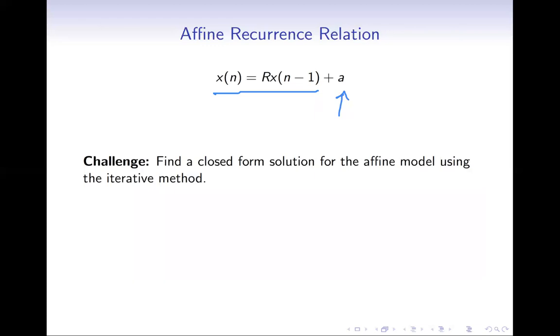Examples of quantities that follow this type of model might be a savings account that earns a certain percentage interest over time, but that you also contribute to at regular intervals the same deposit amount. So the amount in your savings account at time n would be the amount you had before, incremented by the interest rate, and then you would add your deposit amount to it.